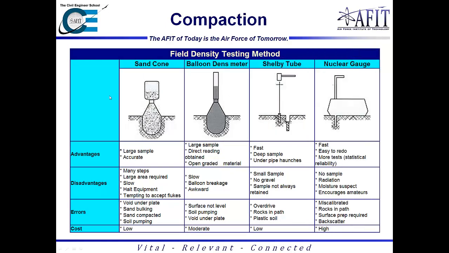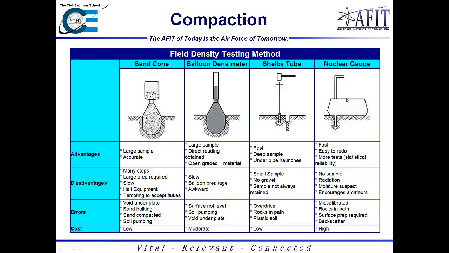So, ways to actually test for field density. We have the sand cone test, the balloon densometer, the Shelby tube, and the nuclear gauge test. And so this is kind of a matrix just so you can see the different ways it's done. I'm sure most people who've done an undergraduate CE program have probably dealt with the sand cone test, as this is probably one of the easier ones to do, in the sense that it's very low cost.